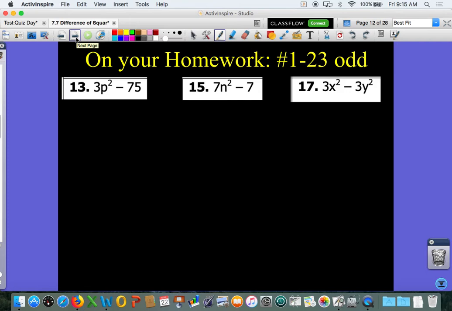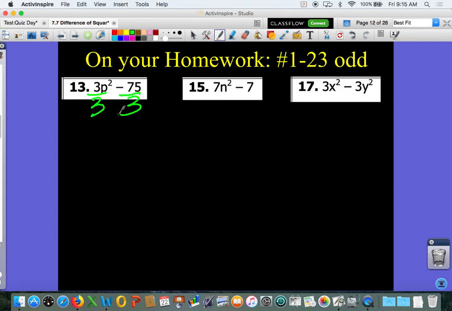All right, so we wanted to look at some of the homework problems real quick because these require simplification first. If you see problems like this, you can check and see if you can divide both terms by the same number. For example, I can divide this term and this term by 3.